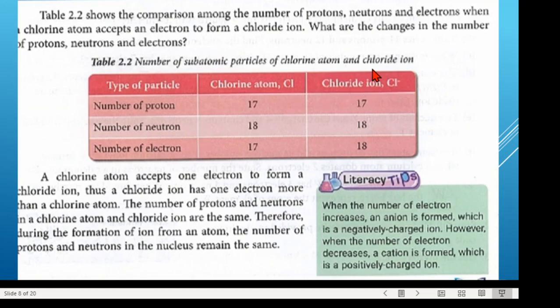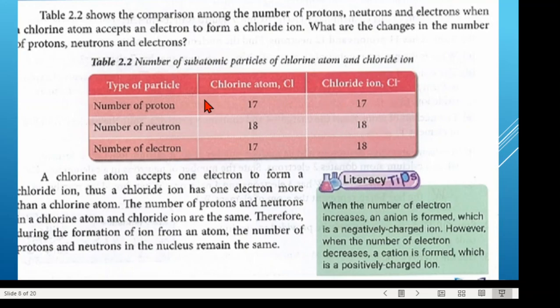But if it is in the form of ion, we call it chloride ion. Cl minus. The number of proton is still the same, 17. And the neutron is also still the same, 18. But the number of electron is 18. It means its number of electron is more than its number of proton.